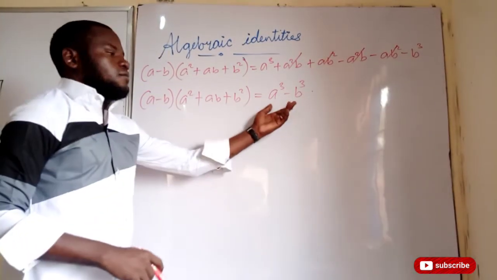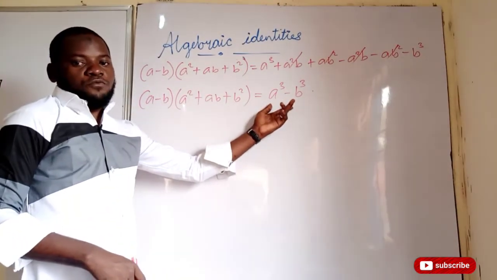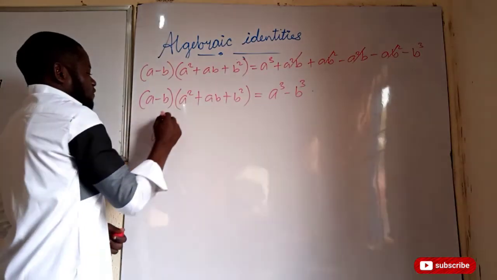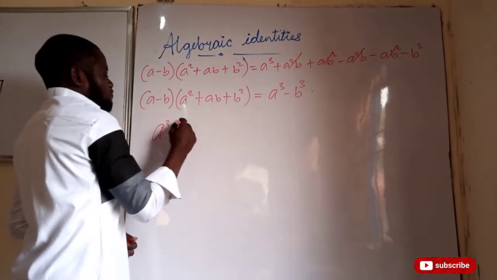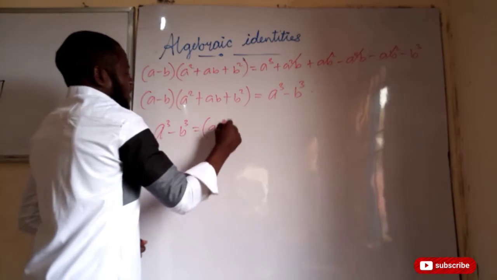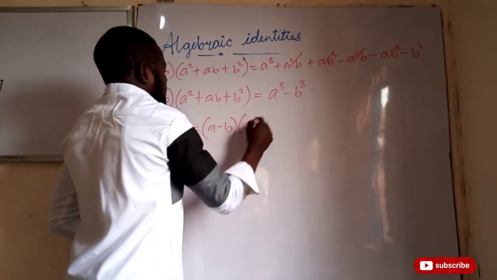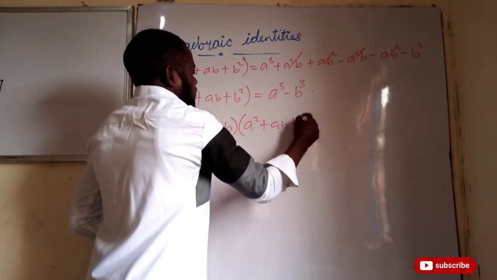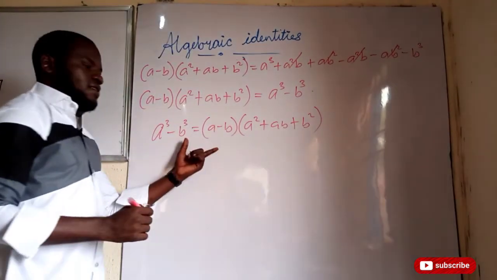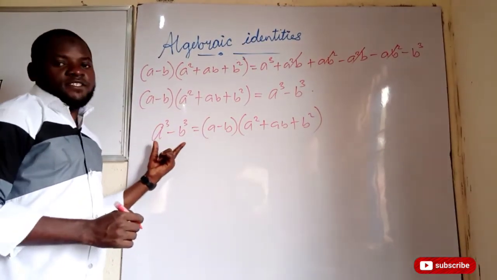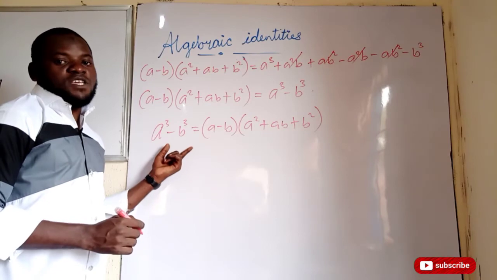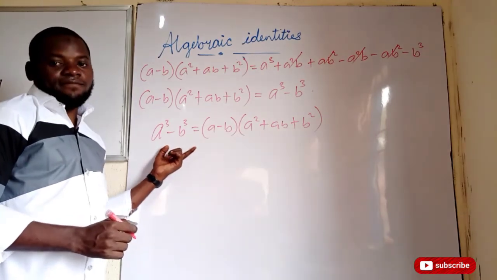So this is called difference of 2 cube. Hence, the difference of 2 cube, a cube minus b cube, equal a minus b into a square plus ab plus b square. This happens to be our fifth identity.